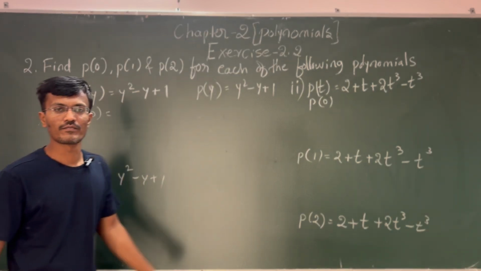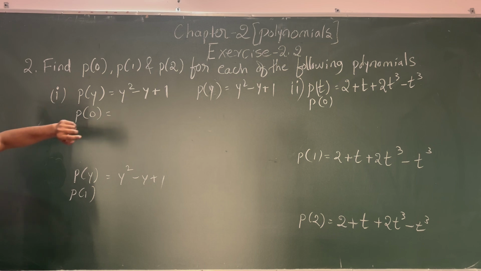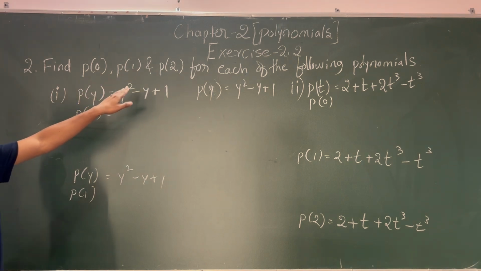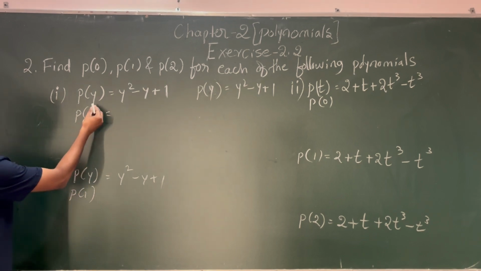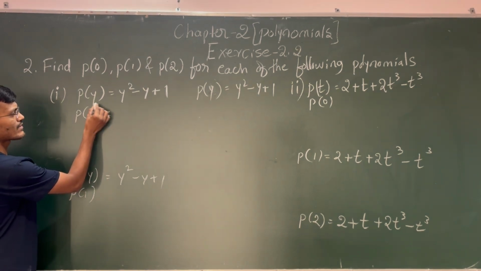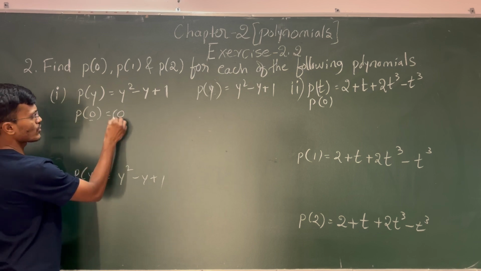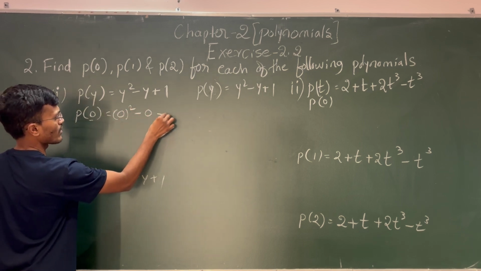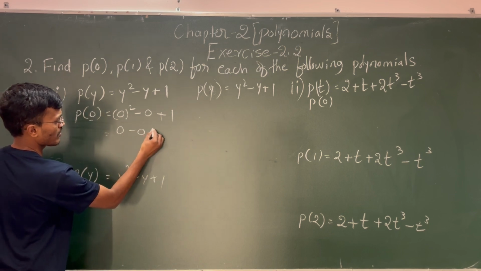So next question says, find P0, P1 and P2 for each of the following polynomials. Here wherever there is a y, we need to put a 0. So 0 square minus 0 plus 1. So 0 minus 0 plus 1.